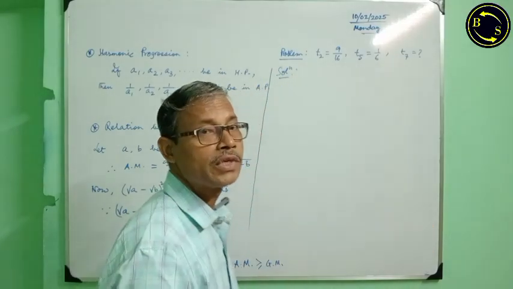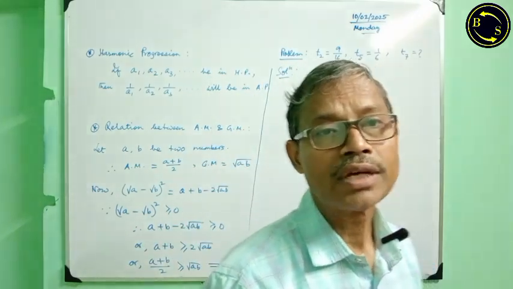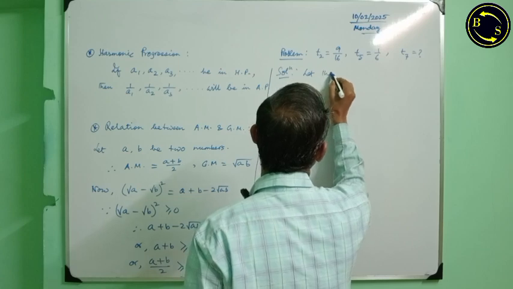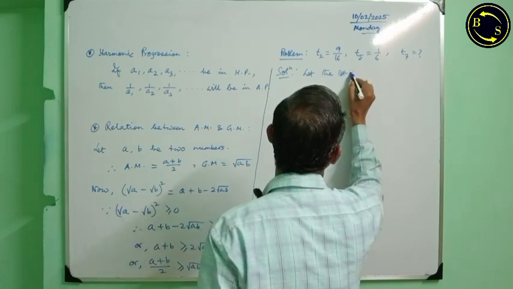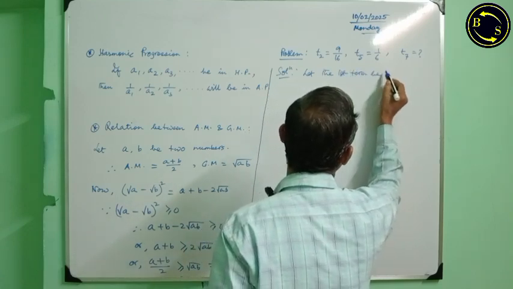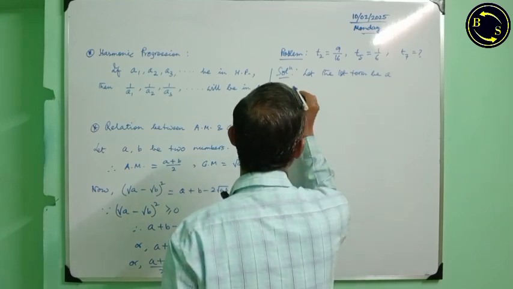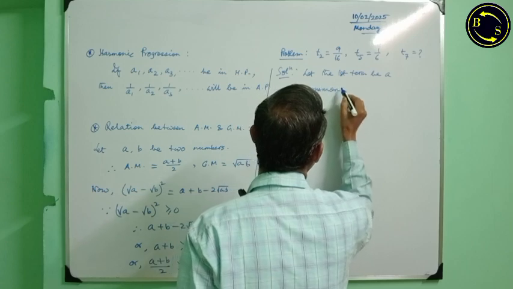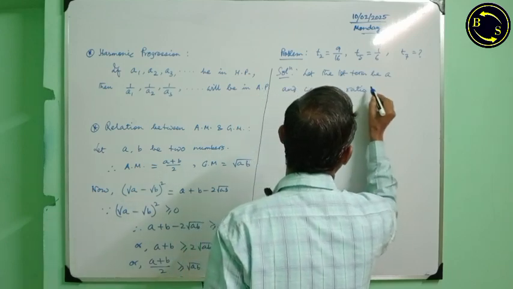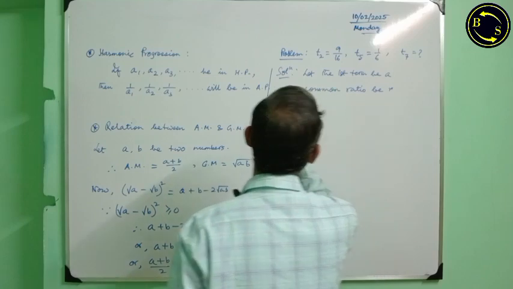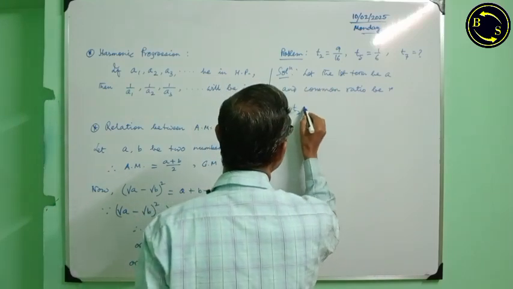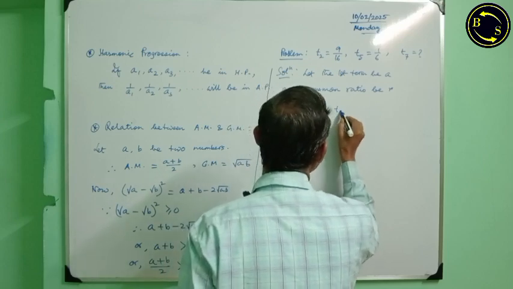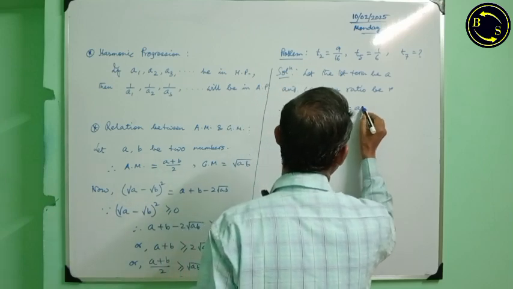Since we don't know the first term and common ratio, we start like this. Let the first term be A and common ratio be R. Therefore, T2 equals AR, T5 is equal to AR to the power 4.